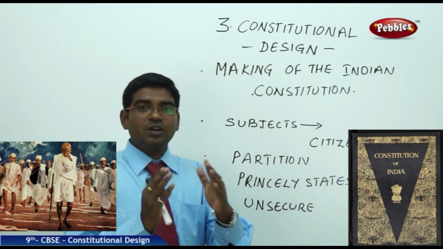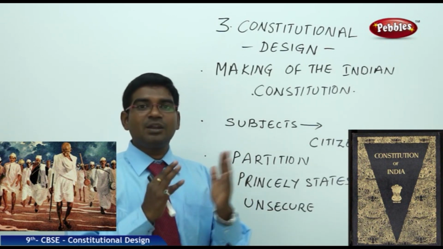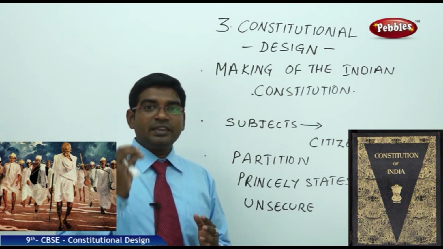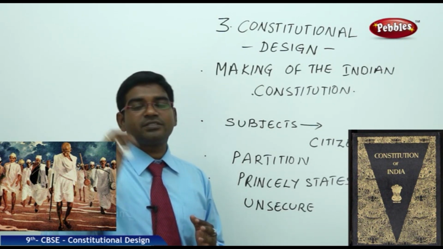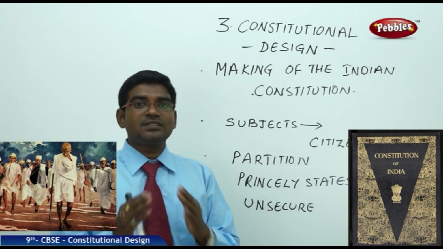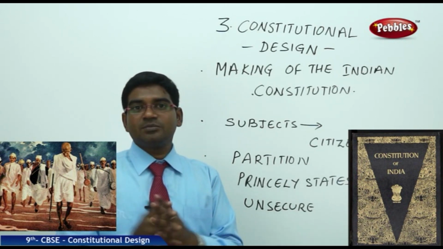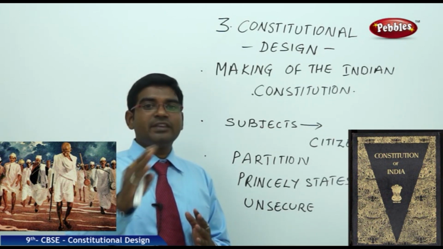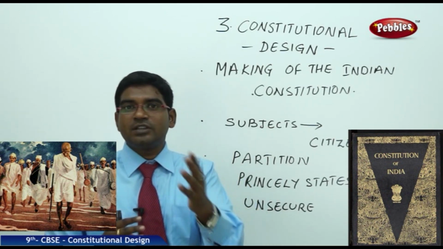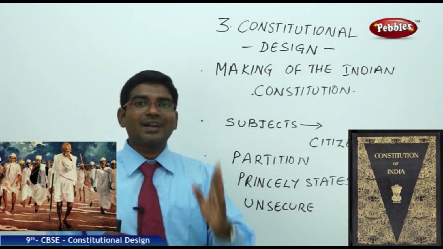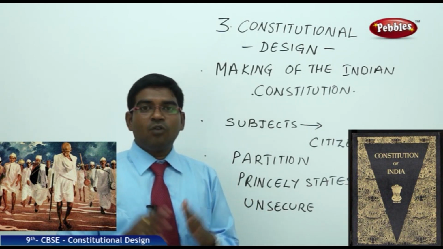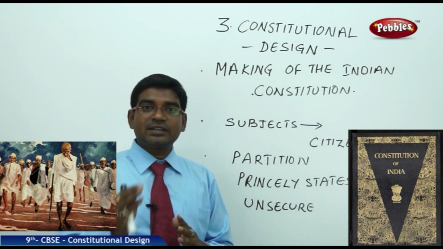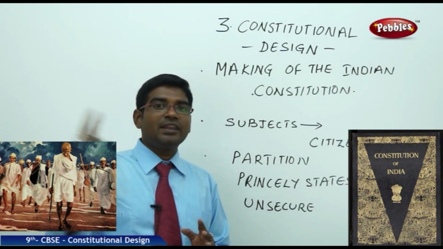So, out of the partitioned India and Pakistan, we also had 565 independent princely states. The choice was given to the kings and queens whether they would like to join the Indian Union or the Pakistan Union. What would be their choice? They are free to make their choice. This right was given to them by the Britishers, and they left.